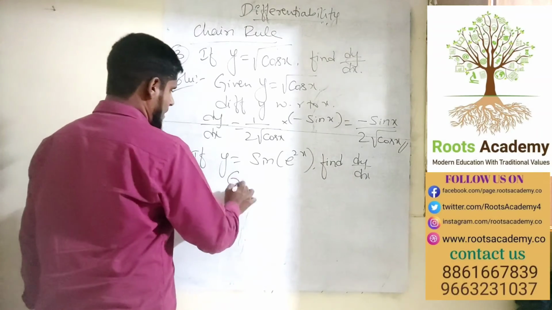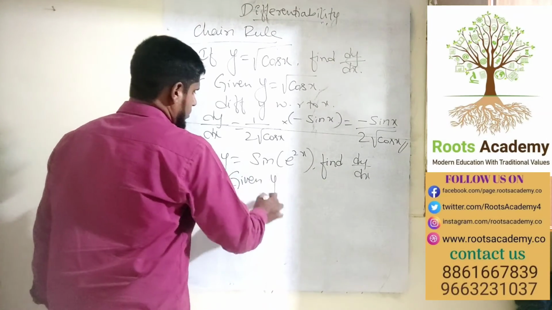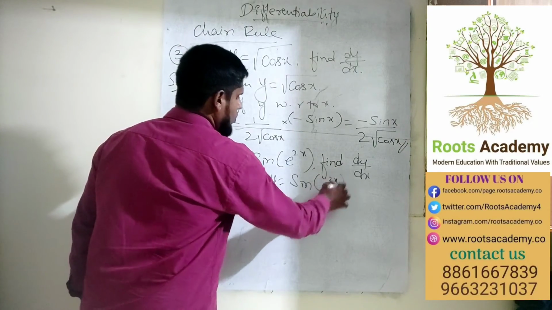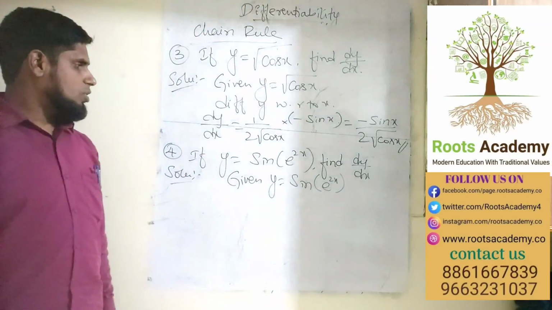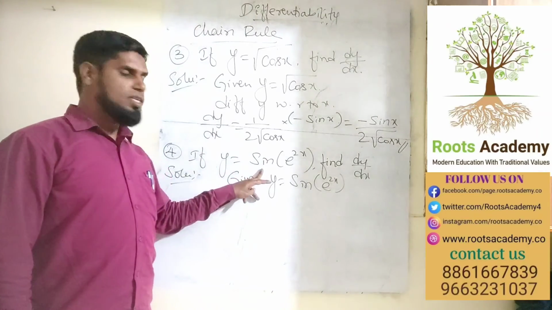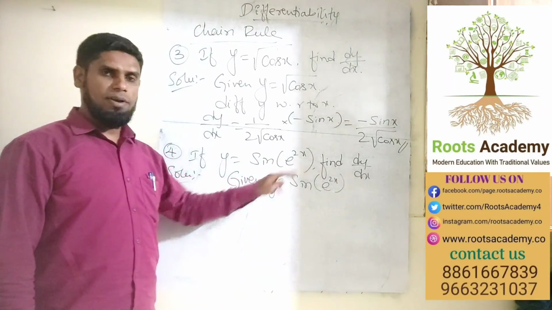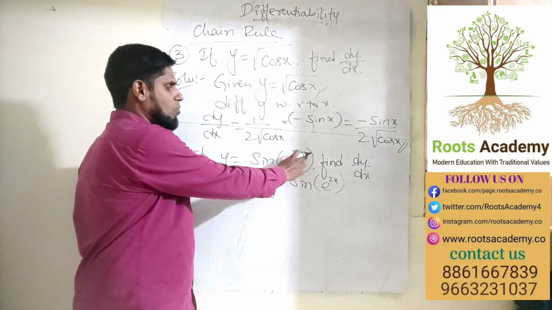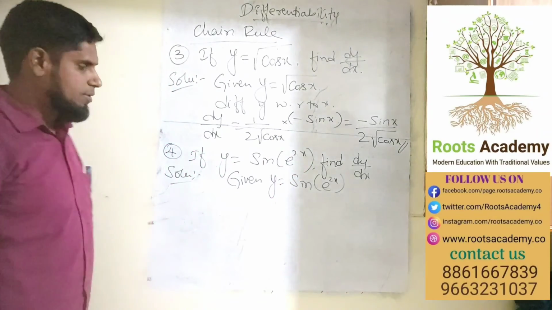Solution. Given y is equal to sine of e power 2x. This time, student, sine is a bigger function and exponential is a smaller one, and exponential has 2x. It has coefficient of x as 2 this time.